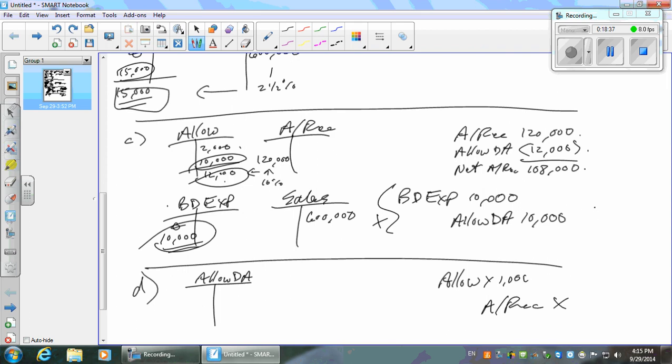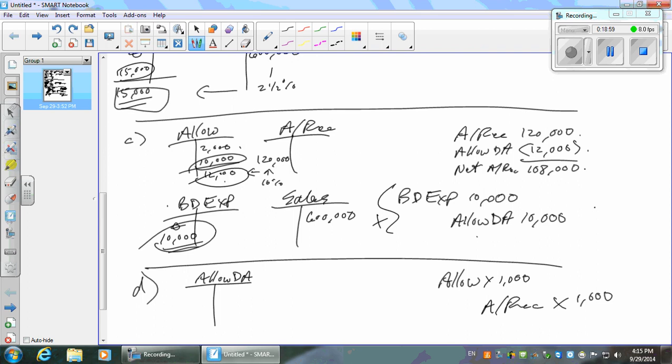What would I credit? I'm not changing bad debt expense because I found one. I already set up the bad debt expense with a debit, bad debt expense, credit allowance. It's going to be accounts receivable. Debit the allowance, reducing it because I found one, right? And reduce the receivable because I'm giving up.